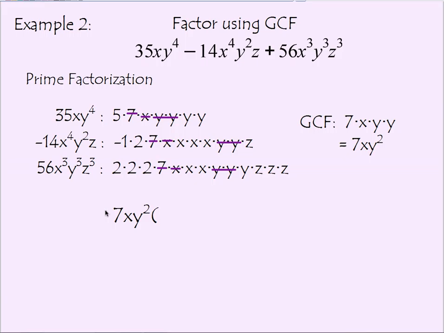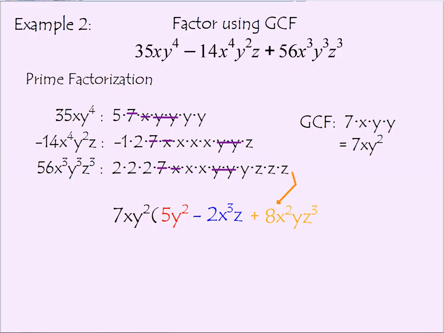So I'm going to put that 7xy squared. I'm going to eliminate that from all three terms, and then I'm going to write down what they had left over. In the first term, we had a 5 and 2 y's to give me 5y squared. In the second term, negative 1 times 2, 3 x's and 1 z gives me negative 2x to the third z.